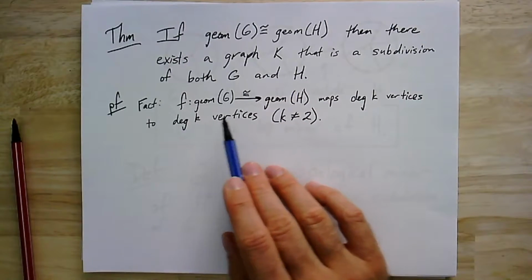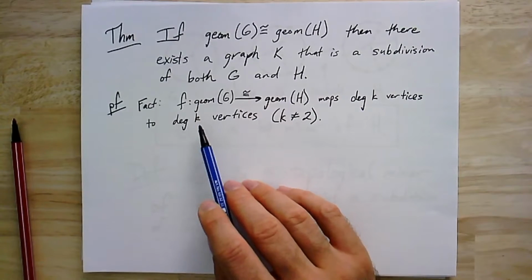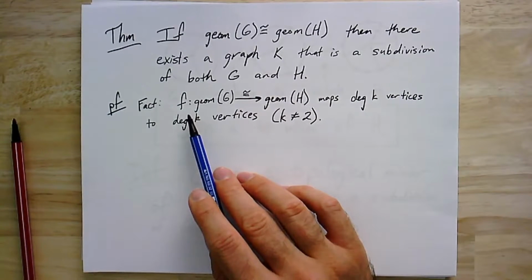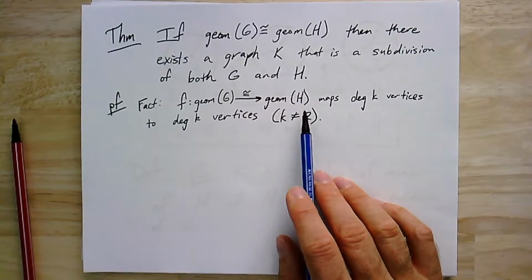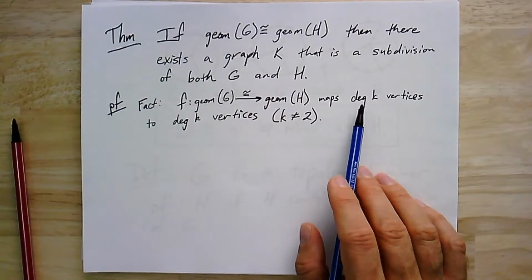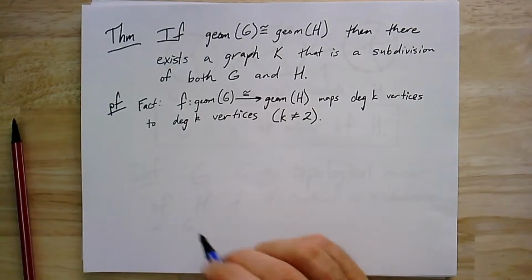And so here's an important fact. Again, this one you can work out using point-set topology, but if you're going to have some homeomorphism between two graphs, it's going to have to map degree k vertices to degree k vertices as long as k is not equal to 2. Right?